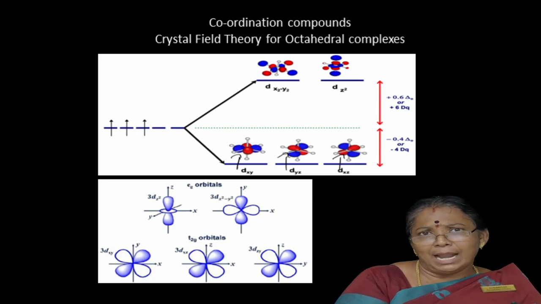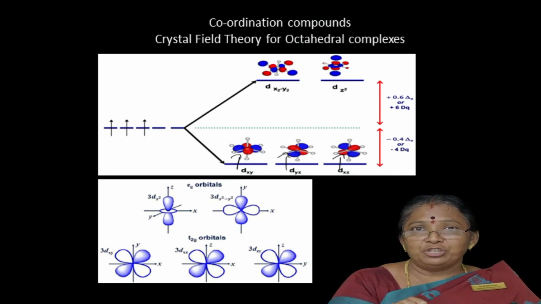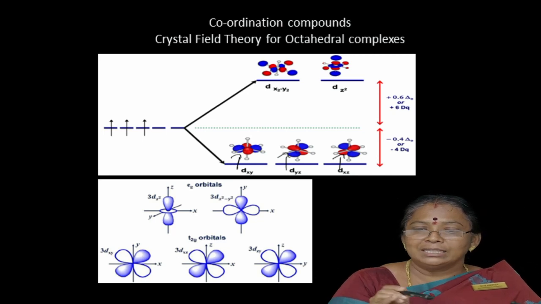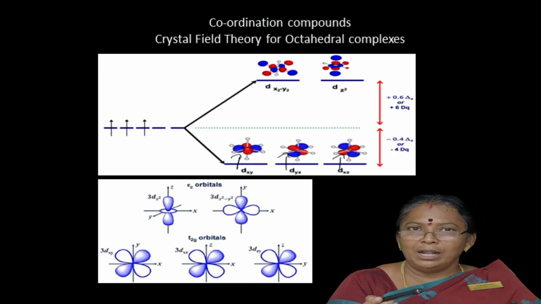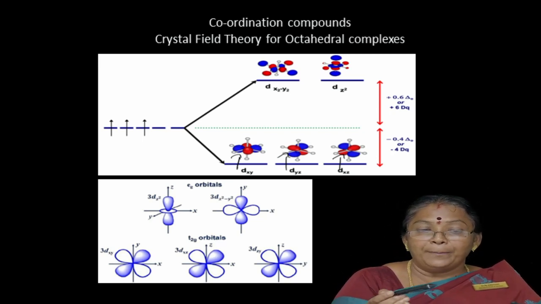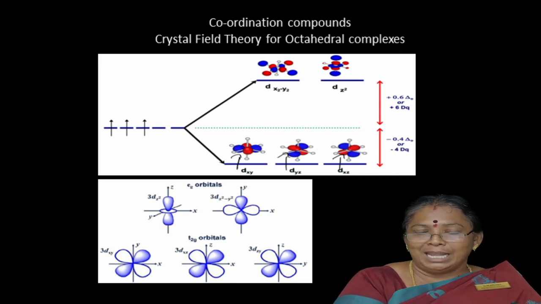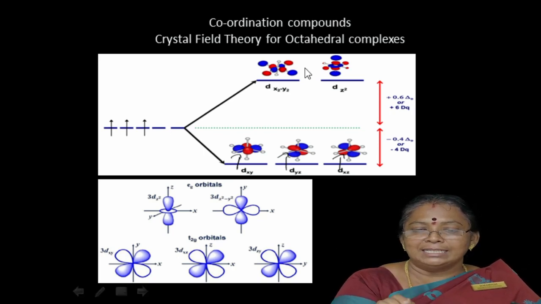When the metal atom is in the ground state, all the 5 orbitals are at the same energy level. There is no difference in energy among these 5 orbitals. When the ligand approaches the metal atom, whether it is a strong field or weak field ligand, these 5 d orbitals split into T2G and EG.